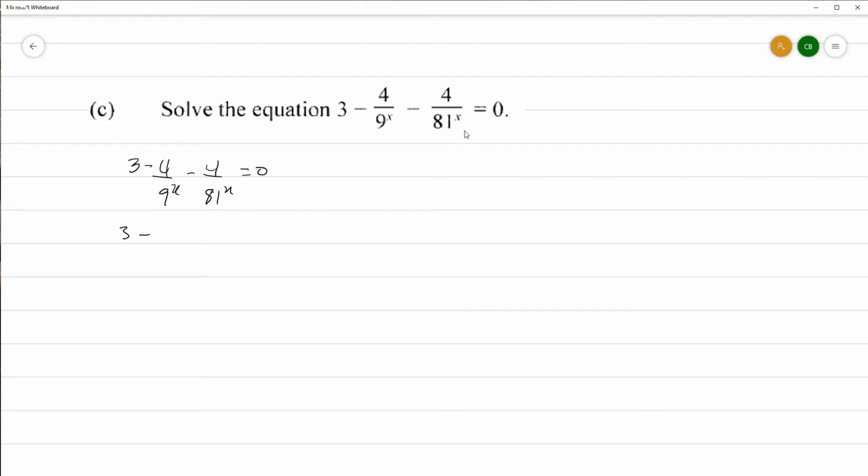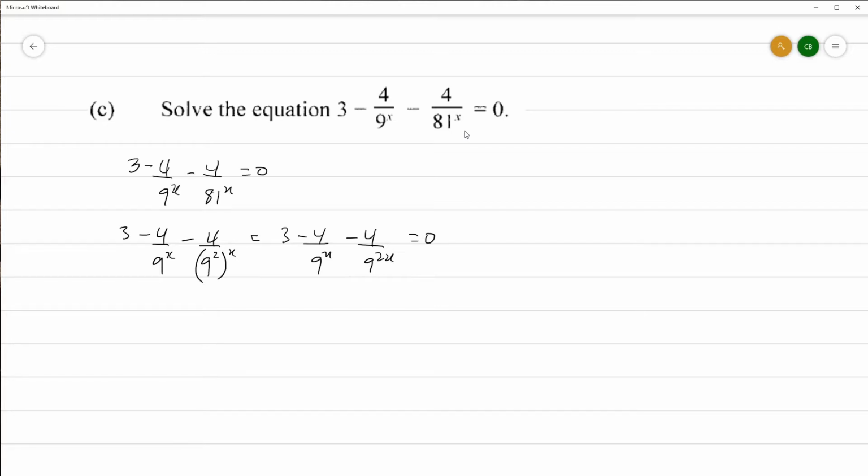So this is 3 minus 4 9 to the x minus 4 9 to the squared, and of course this is raised to the x, so this is the same as 3 minus 4 over 9 to the x minus 4 over 9 to the 2x is equal to 0.